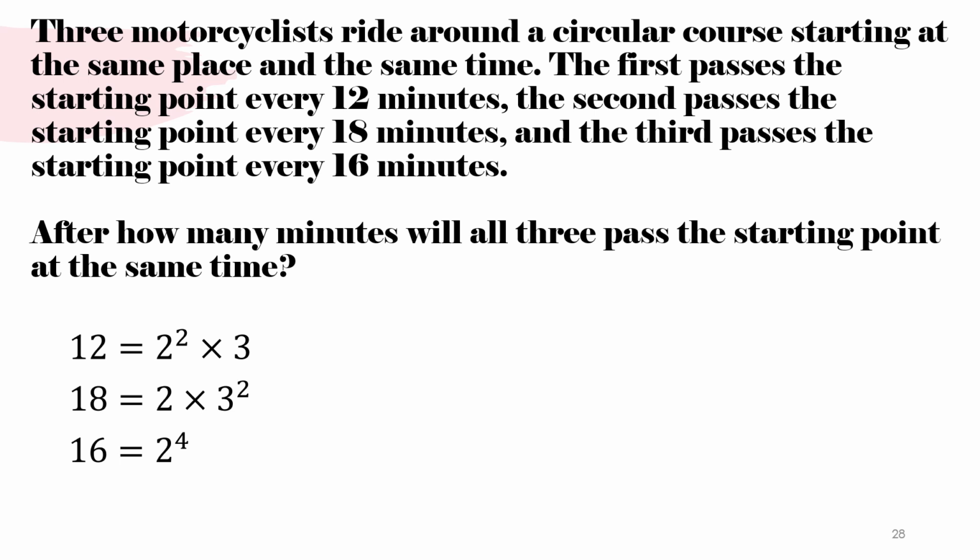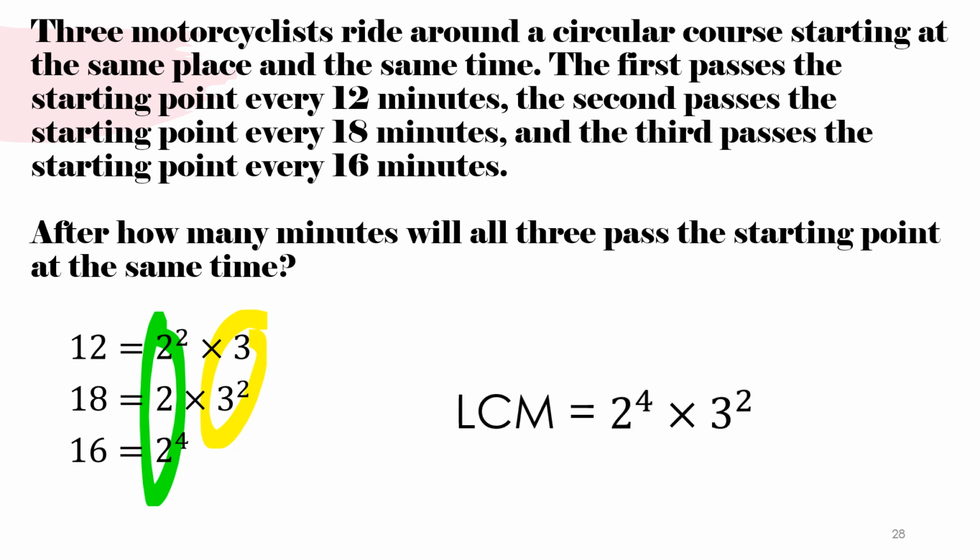And remember, the rule for finding the least common multiple using the prime factorization method says you want to include every prime that's in any of your prime factorizations. So we're going to do 2 and 3, and you want to raise that to the highest exponent. So it's going to be 2 to the 4th times 3 squared, which is 144. So after 144 minutes, all of our motorcyclists will pass the starting point.